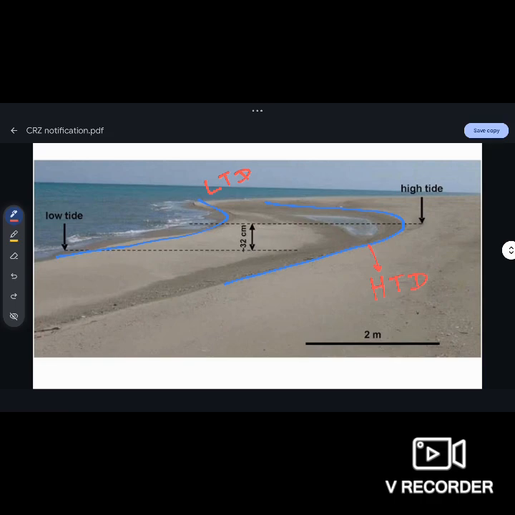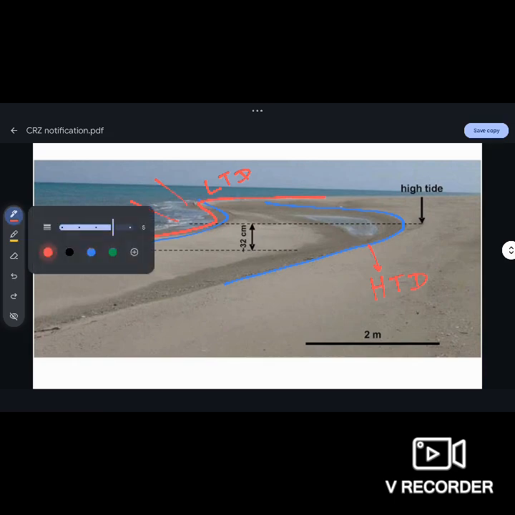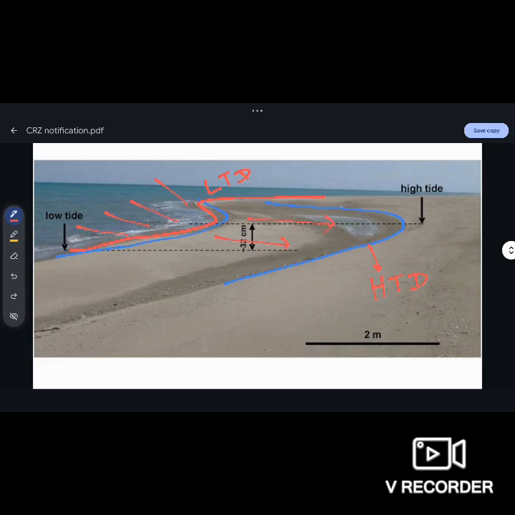In this picture, you can see the situation of low tide, and the seawater is confined to only this area. This is the low tide line, and the high tide line is basically the maximum elevation of water level in case of high tide. This transition zone is what we call the intertidal area or intertidal zone. This is an area which is subjected to frequent inundation of seawater.